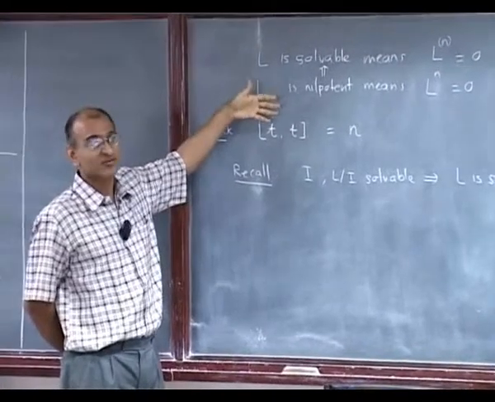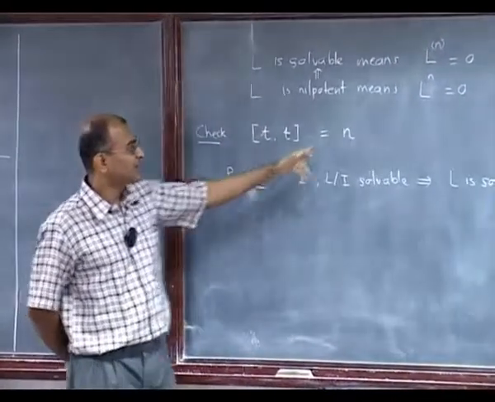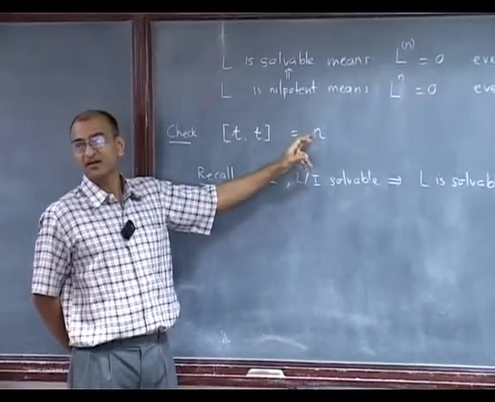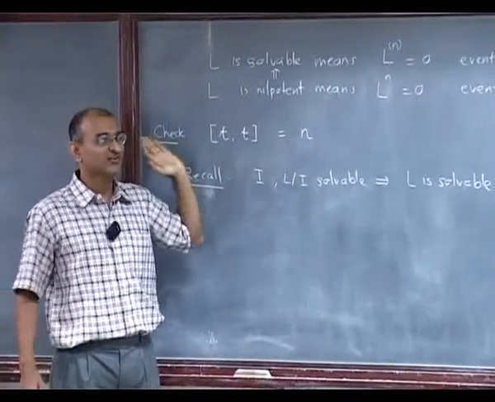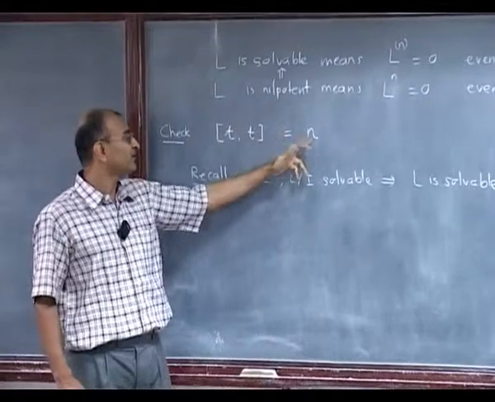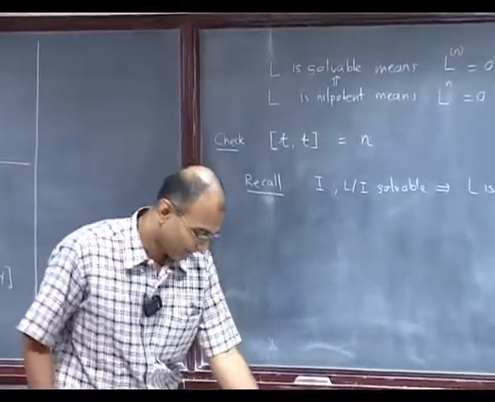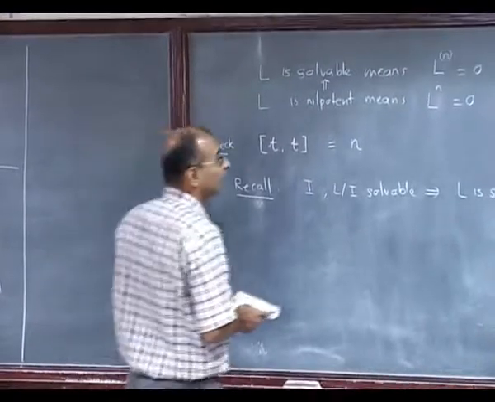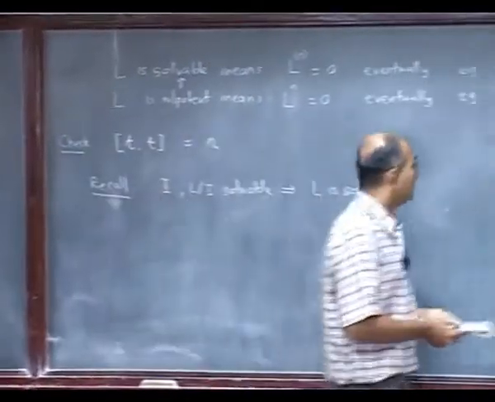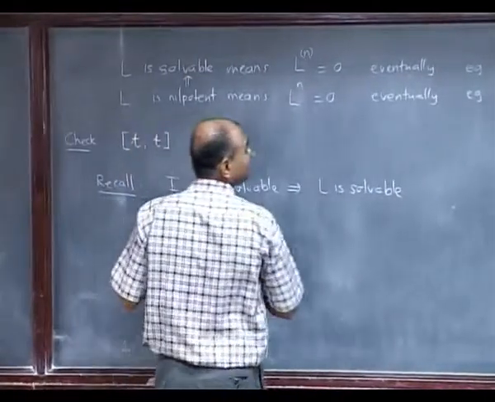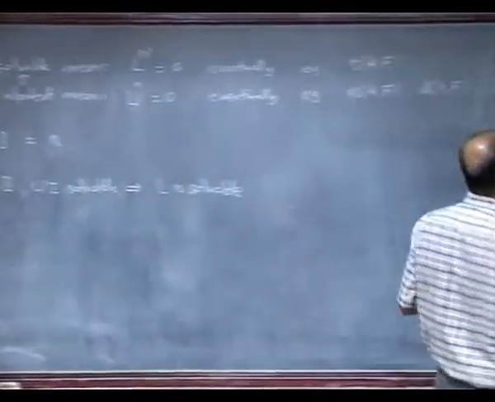And in fact, can you see why? When you derive, you get N. But then that's it, it's not going to go any further down. When you take the bracket of that with T, you are going to stay there. So these examples are typical in the sense of two theorems that we will prove.